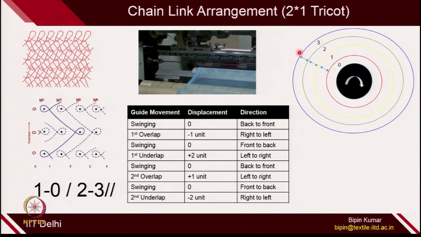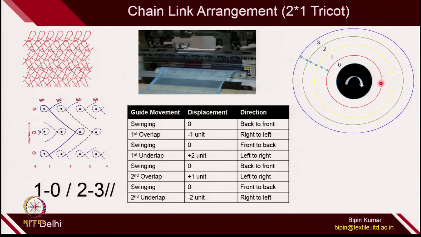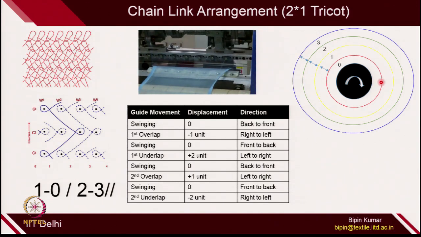The follower, let us suppose, is meeting the links at this particular position. At this position it is first meeting the chain link of first position. On the first follower, the follower meets the first chain link, which has a height equivalent to this particular concentric circle.